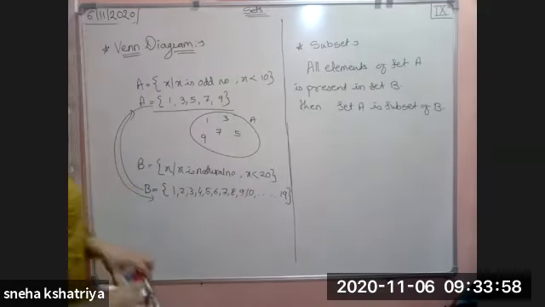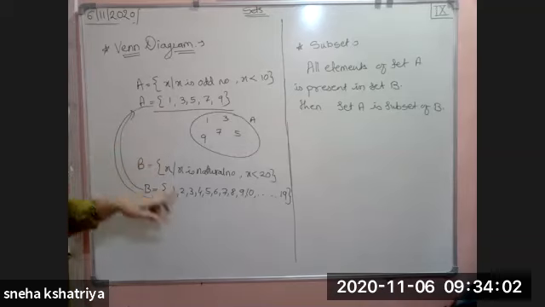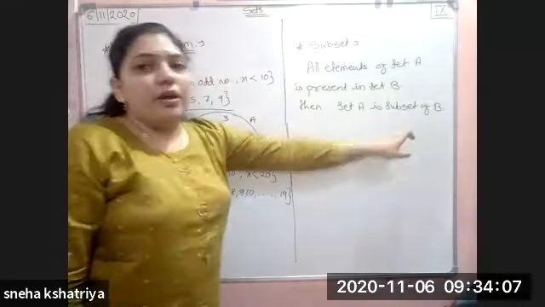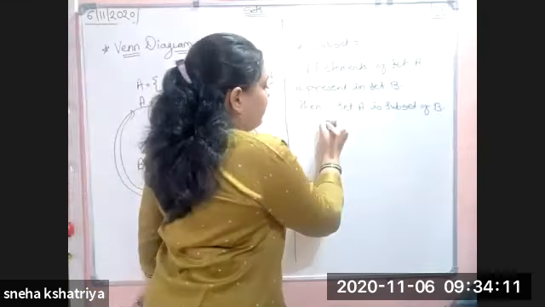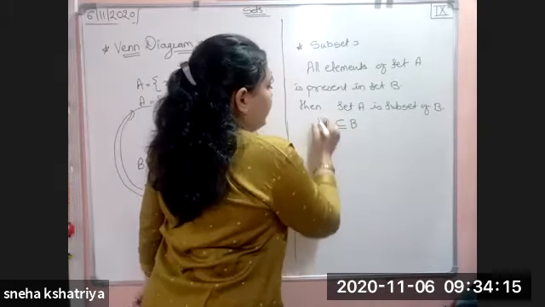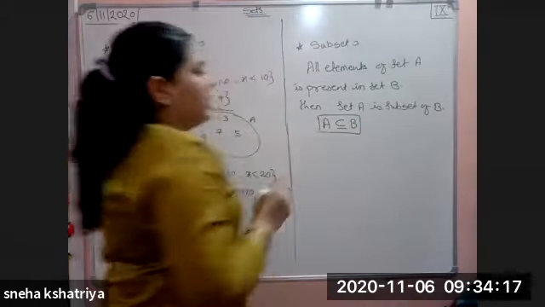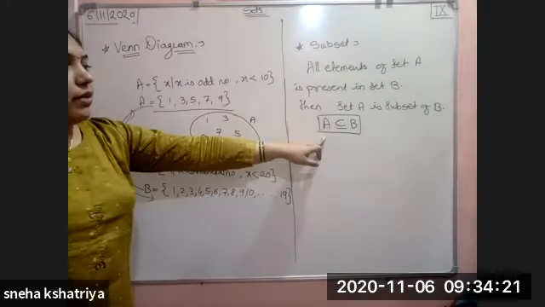So here all the elements of set A are present in set B. Therefore, A is a subset of B. And how is it mathematically represented? It is represented as A ⊂ B.